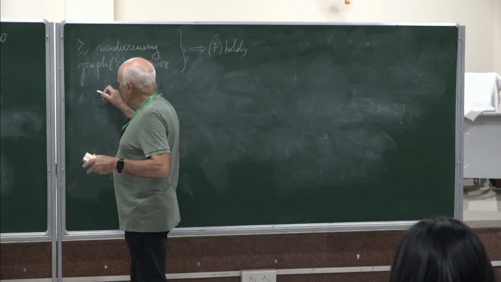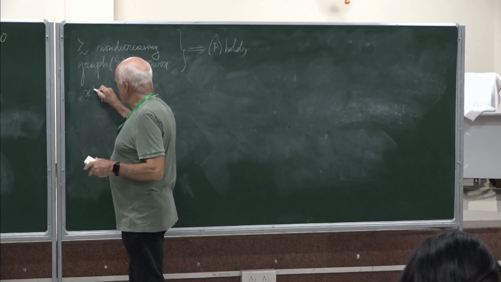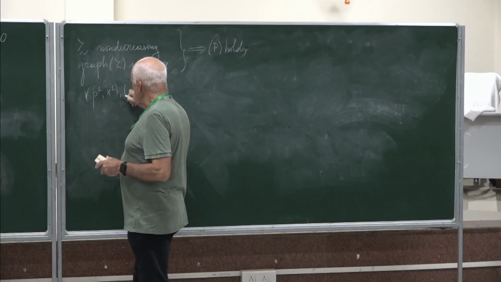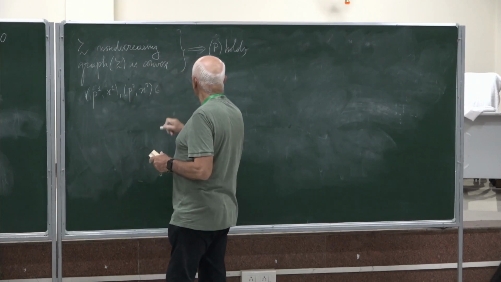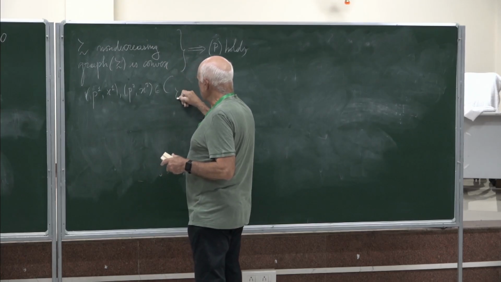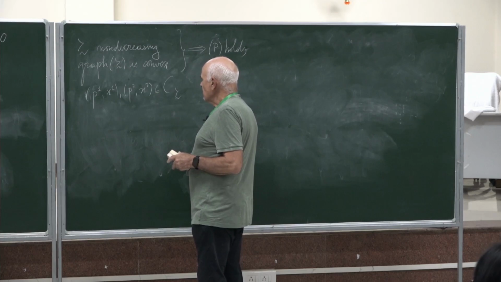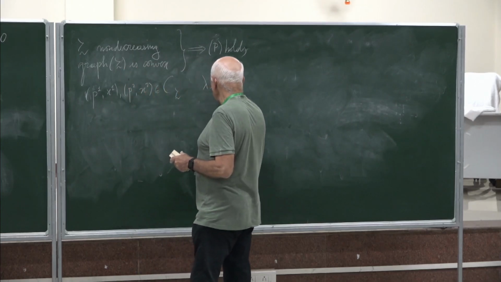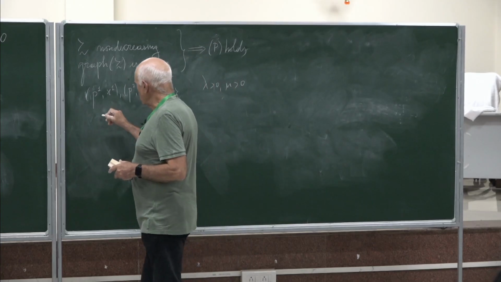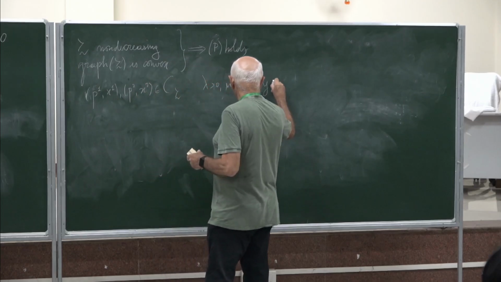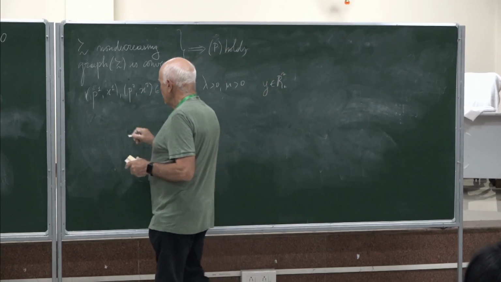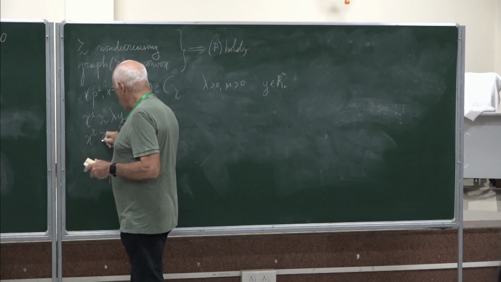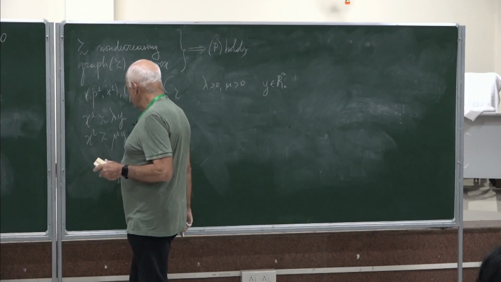Why? Because, again, let's consider the situation when we have P1x1 and P2x2 in the set C, and then assume that lambda and mu are positive, and assume that we have also for some y, x1 is preferred to lambda y and x2 is preferred to mu y.